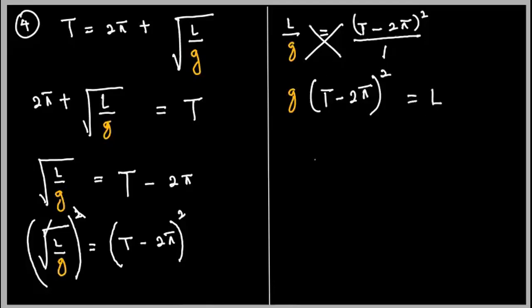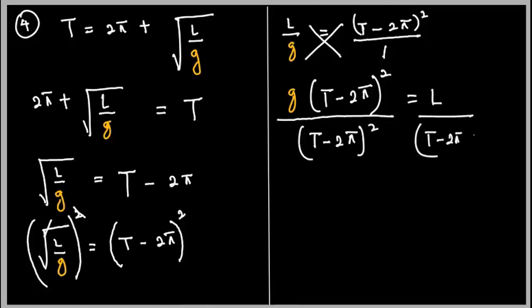We are almost there. How can we now get G? As you can see, these two are multiplying, so G can be gotten by dividing both sides. For me to get my G, this whole bracket term must go away. So I'll divide both sides by that whole bracket term, that is T minus 2 pi all squared.